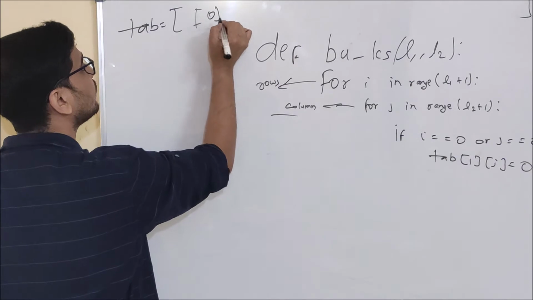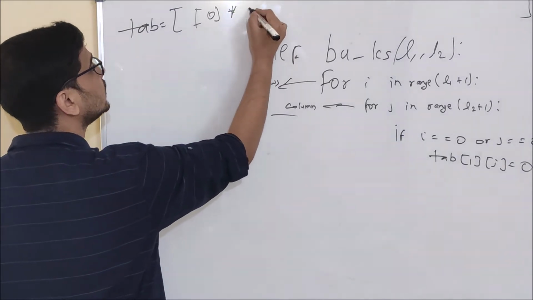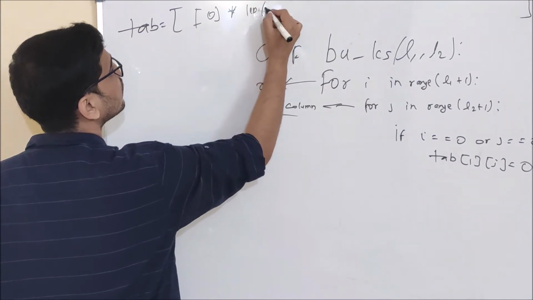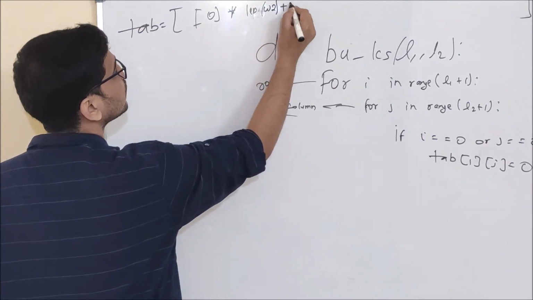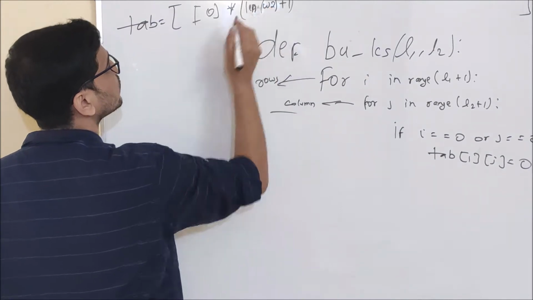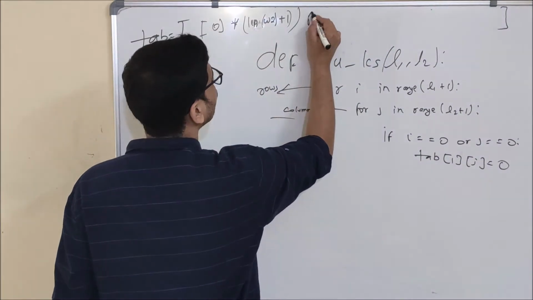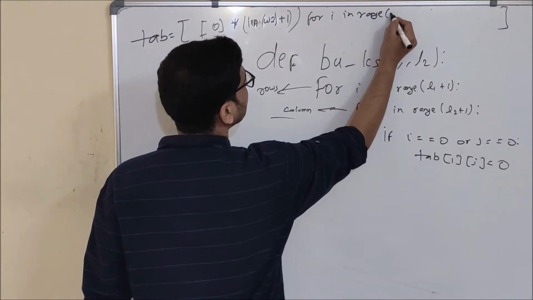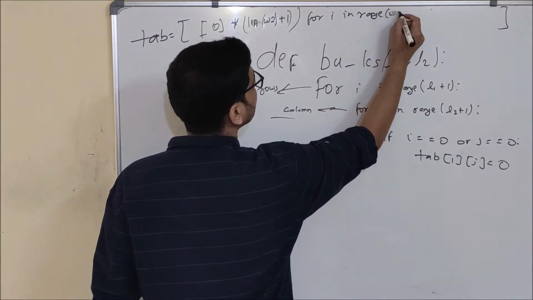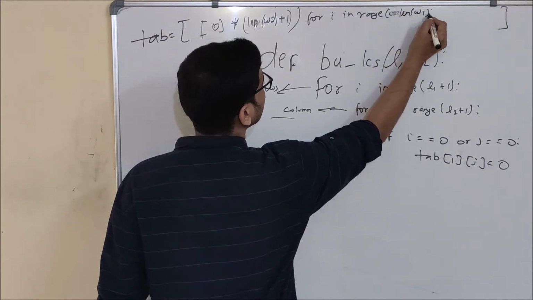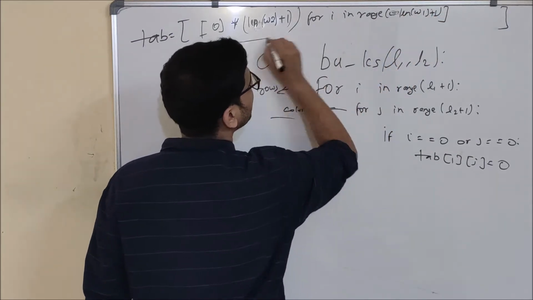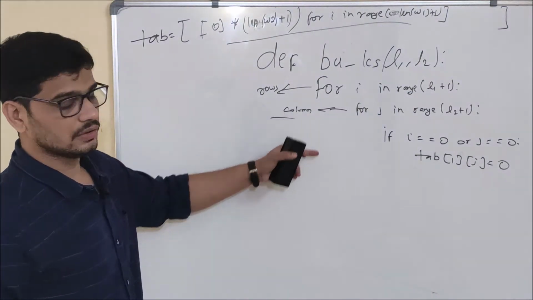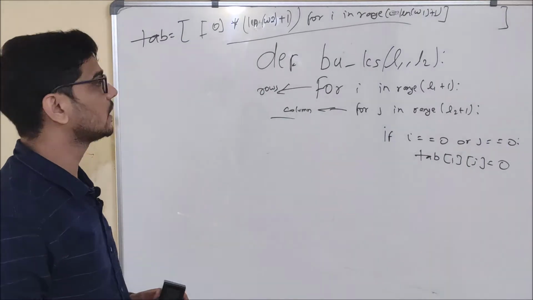So how am I going to initialize it? 0 into length of W2 plus 1, for i in range length of W1 plus 1. This will help us in creating a to-do list, which we will be using while filling this bottom up table.